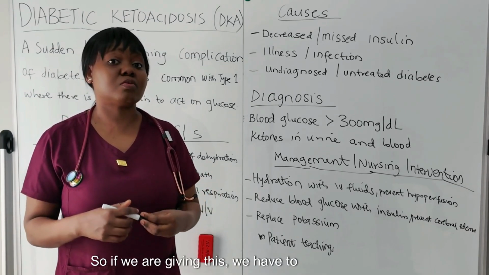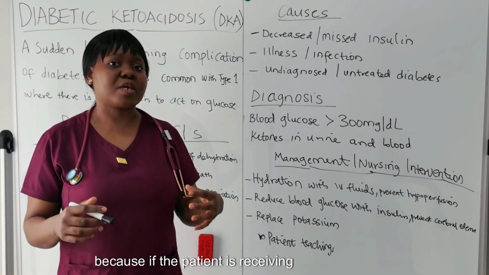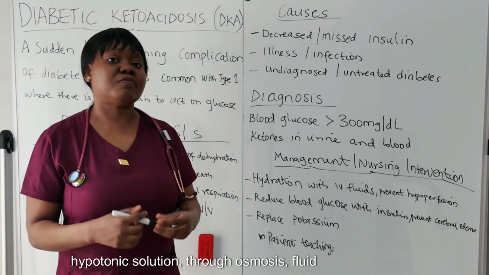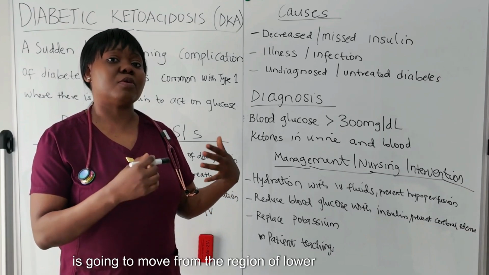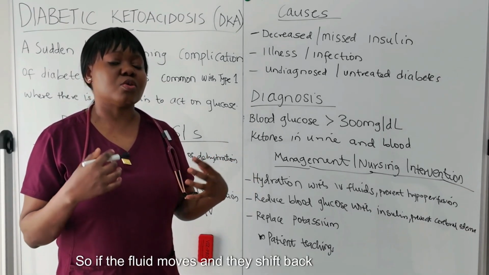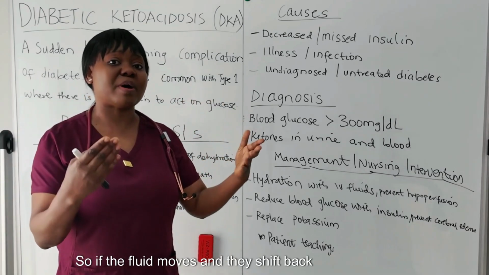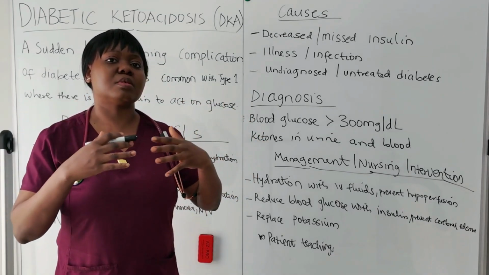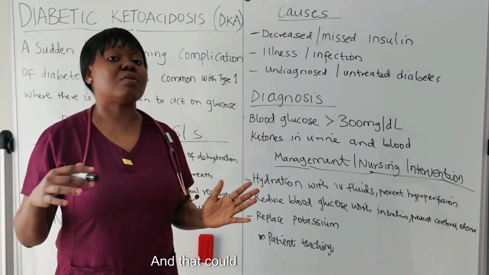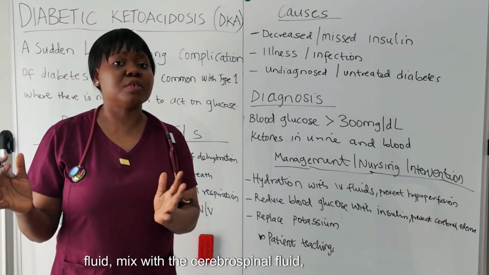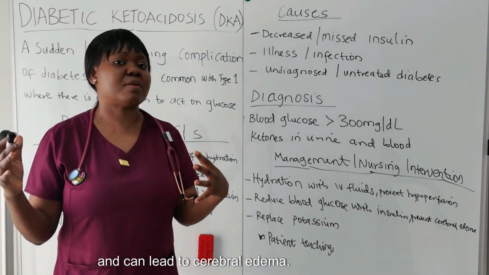If we are giving this, we have to do it with caution, because if the patient is receiving a hypotonic solution, through osmosis, fluid is going to move from the region of lower concentration of solute, of glucose, to a region of higher concentration. If the fluid shifts back into the cell, it can get to a stage where the cell begins to swell up, and that could push fluid into the cerebrospinal fluid, mix with it, and can lead to cerebral edema.